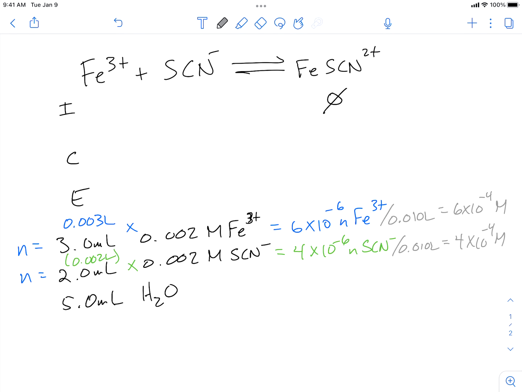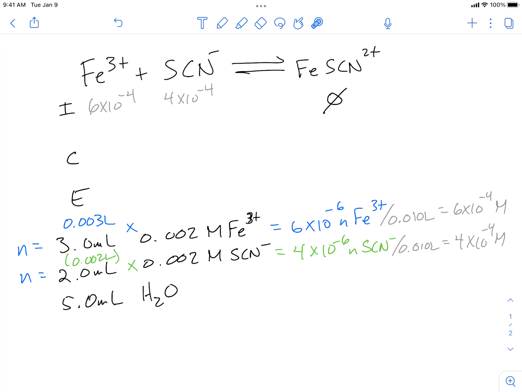Then we put those in for our initial concentrations: 6 times 10 to the minus 4 molar for iron, 4 times 10 to the minus 4 for the thiocyanate, and again 0 for our initial concentration of the complex.